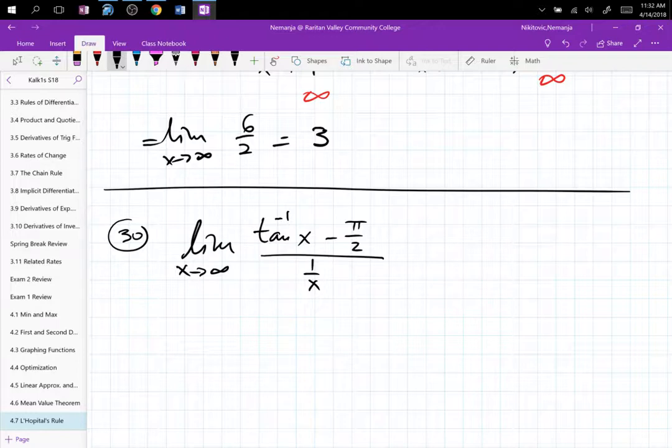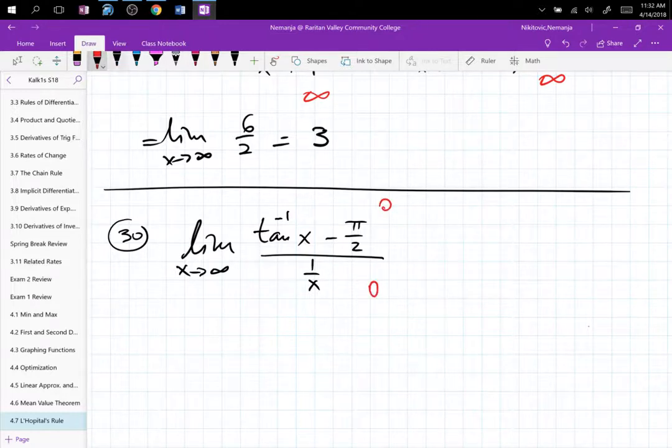So the whole thing is pi over 2 minus pi over 2, that's 0. And then in the denominator, 1 divided by infinity is 0. So we have 0 over 0, right? Cool.